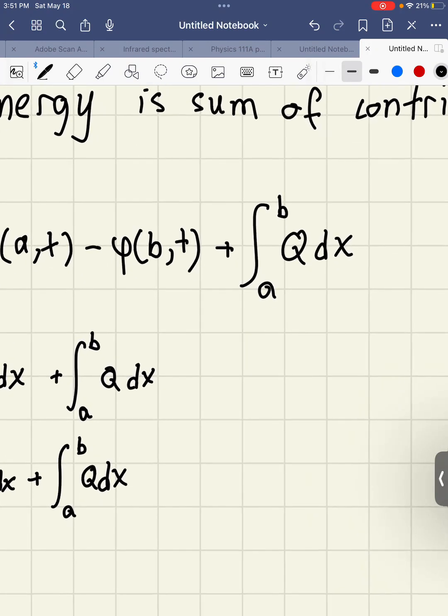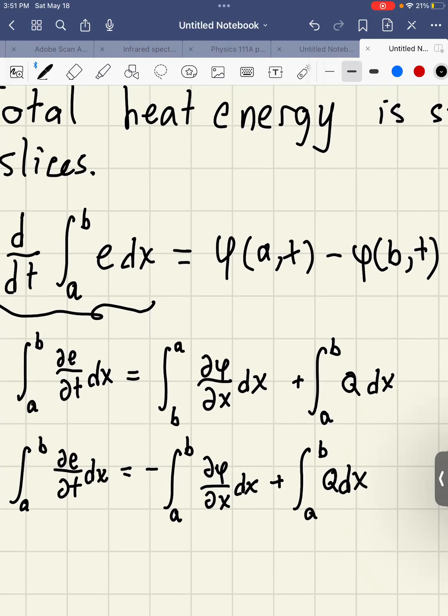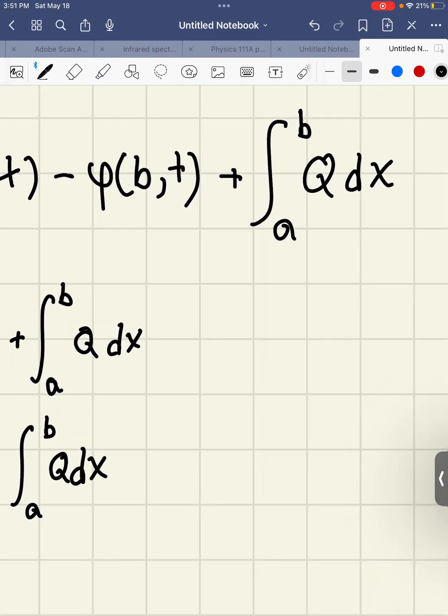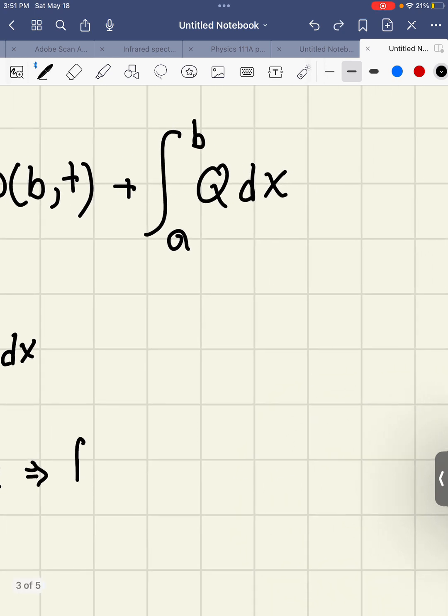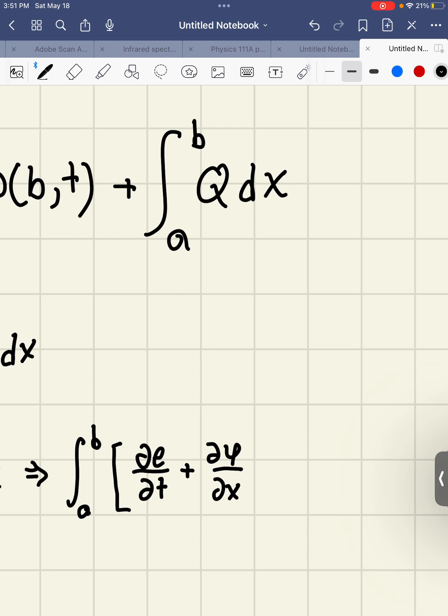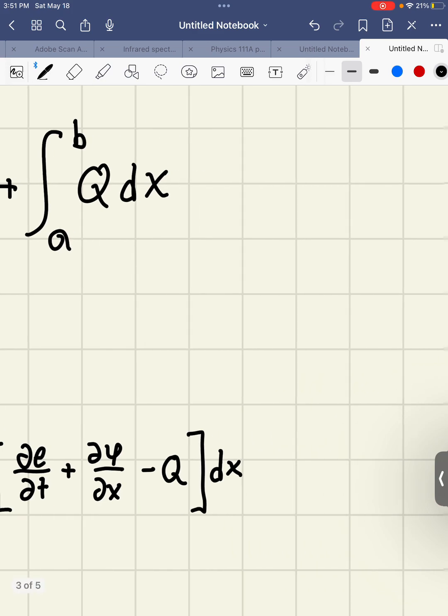Now from here I can take everything to one side. Since all of them are integrated from a to b, I get the integral from a to b of partial e partial t plus partial phi partial x minus q, dx, equal to 0.